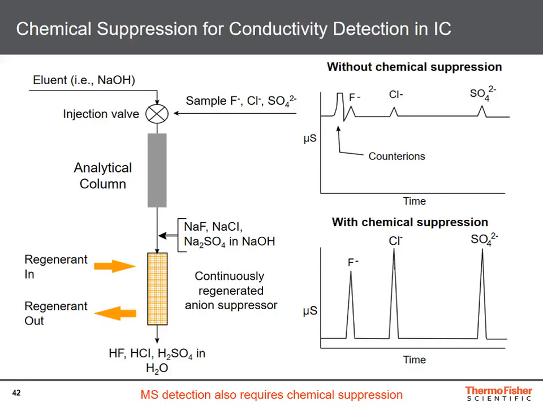This would also mean that we have a large noise level, and noise affects the signal-to-noise ratio and thus sensitivity. In other words, in this so-called non-suppressed approach, we would face a very limited dynamic range of this detection method and a relatively low sensitivity due to the high noise caused by the high background conductance.